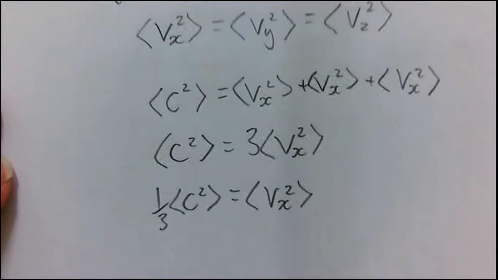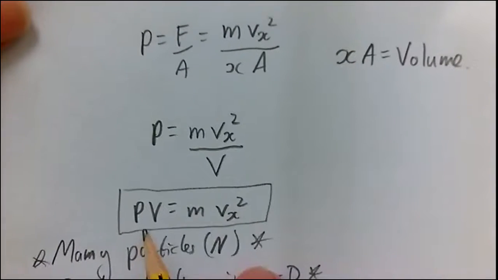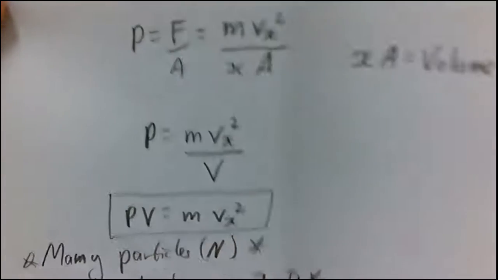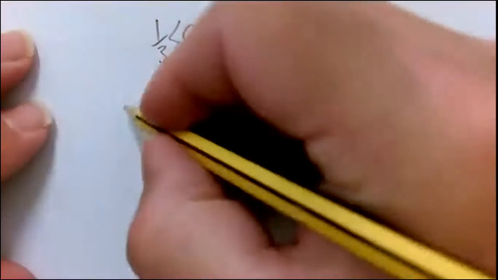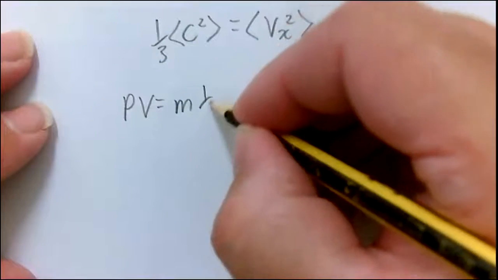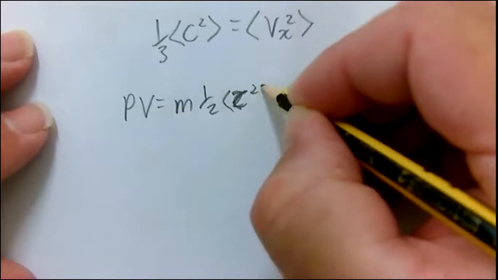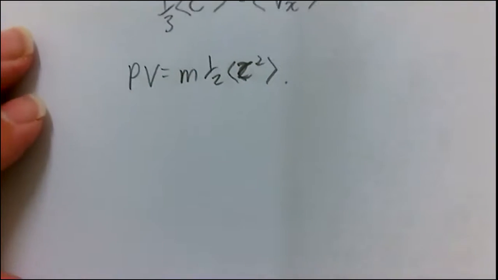The reason I do that is because of our previous formula: PV equals m Vx squared. So the pressure times the volume is equal to mass times Vx squared, which is 1/3 times the mean square speed. 1/3, not half, 1/3.